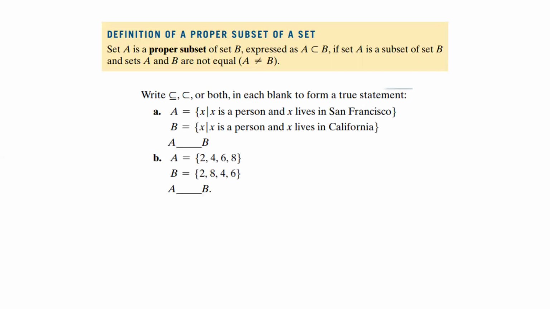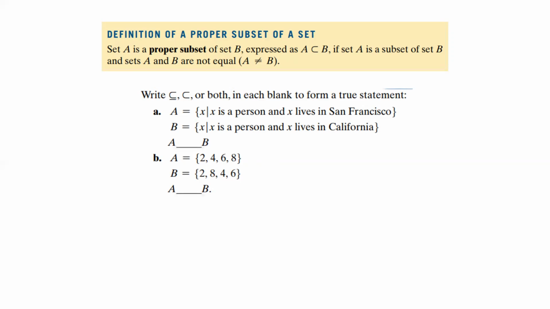So to see this in practice, again, we're kind of getting caught up in the definitions. It's not that difficult of a definition if we run through examples. So here we are asked to write if A is a subset of B, or A could also be a proper subset, because both of those could hold, or maybe none of them hold. And so in this case, we have A is the set of X such that X is a person that lives in San Francisco, and B is the set of X such that X is a person and X lives in California.